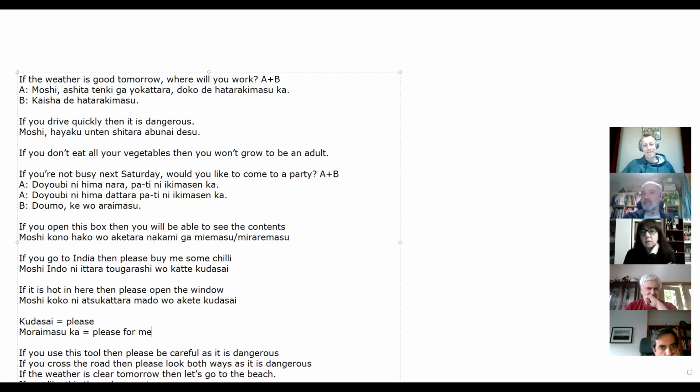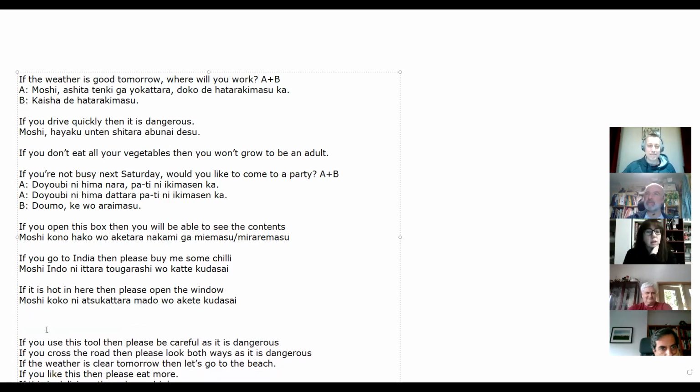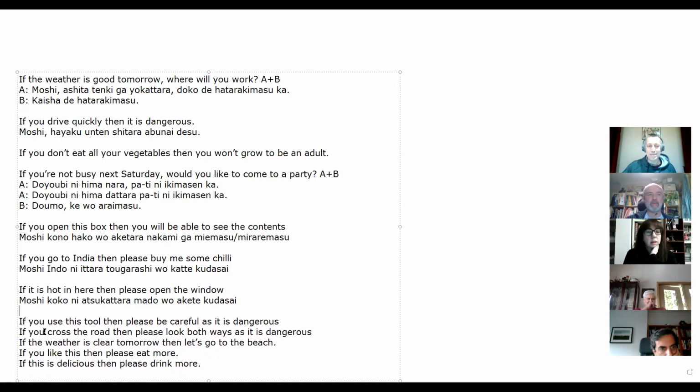It's for your benefit, so please open the window if you're hot. Okay, then kudasai is better here. Yeah. I mean, grammatically, it makes no difference at all. It's just that in terms of context, if you make it uber polite, it sounds like you're actually asking them to do you a favor. Yeah. Okay. Any questions, guys?